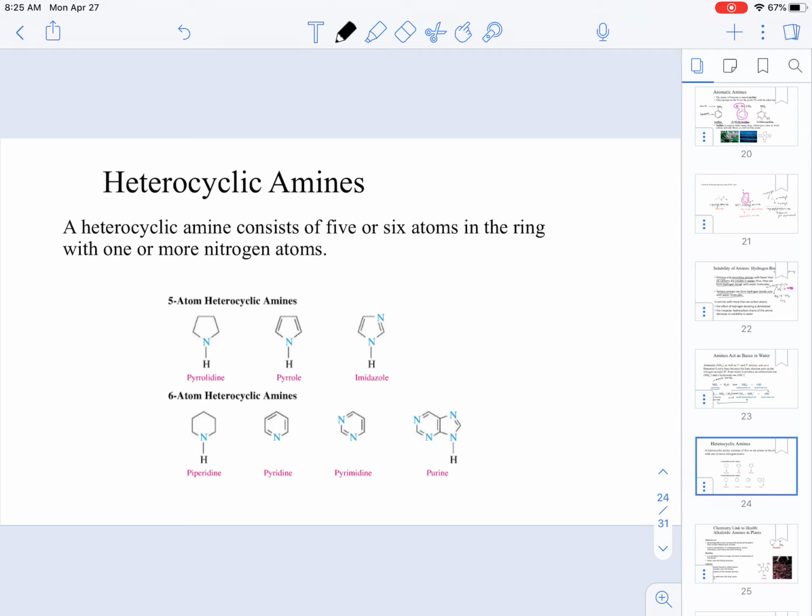The only reason why I bring them up is because we're going to look at some biomolecules in the area of biochemistry that contain these structures. Just understand the basic definition of a heterocyclic amine, which means that we're going to have a ring system that has nitrogen as one of the atoms in the cyclic molecule.